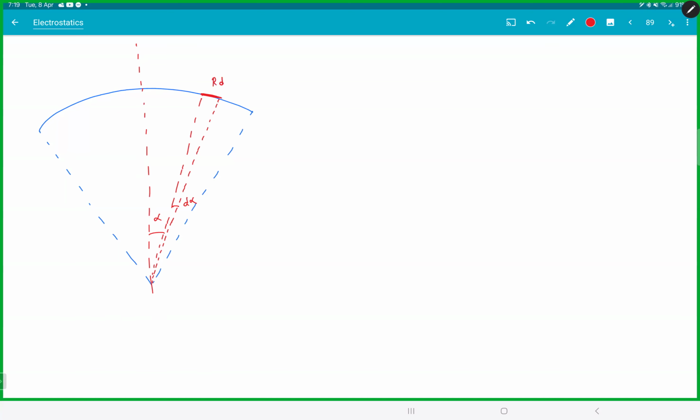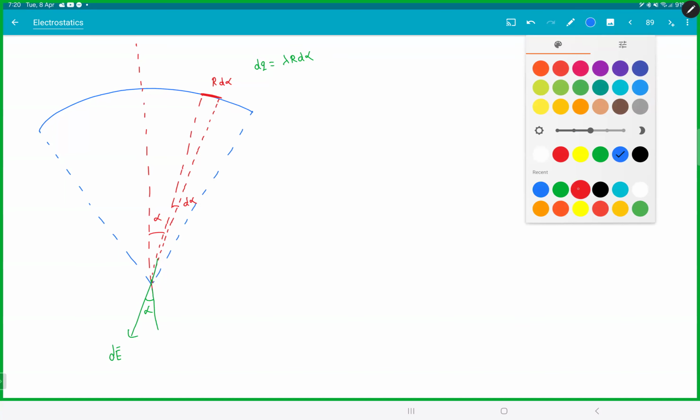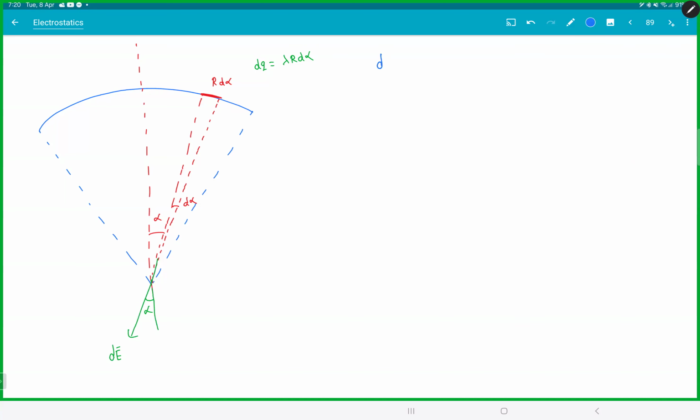R d alpha. So we have dq is equal to lambda into R d alpha. So that's a small charge dq. This will give a field in this direction, which is dE bar. If that is alpha, this is also alpha. So dE will be k dq by r square, which is k lambda by r into d alpha.